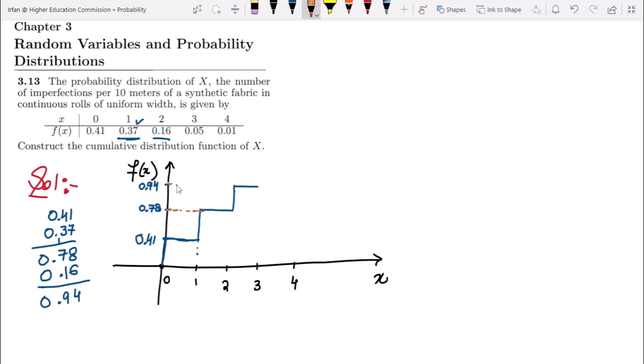When we reach this 3, what will happen? The value at 3 is 0.05. Let me add them together, and it will become 0.99. So here let me have 0.99. After that, what will it be? Let me have it here.